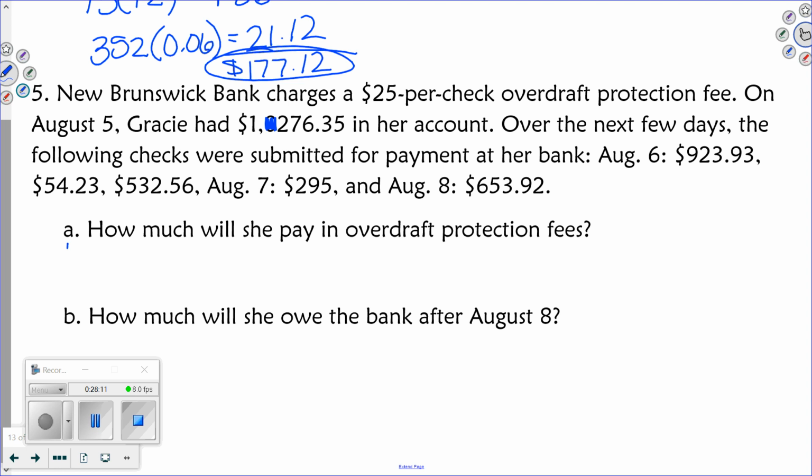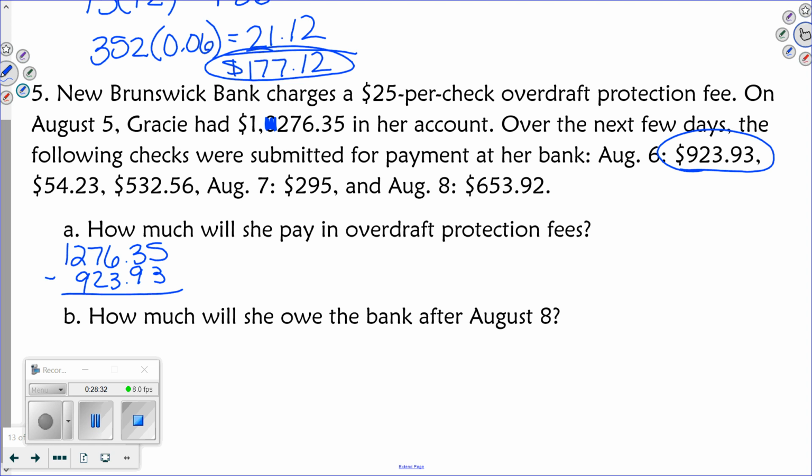So if she started out with $1276.35, her first check came out was $923.93. So if we subtract $923.93, will they charge her an overdraft fee? No. Right?